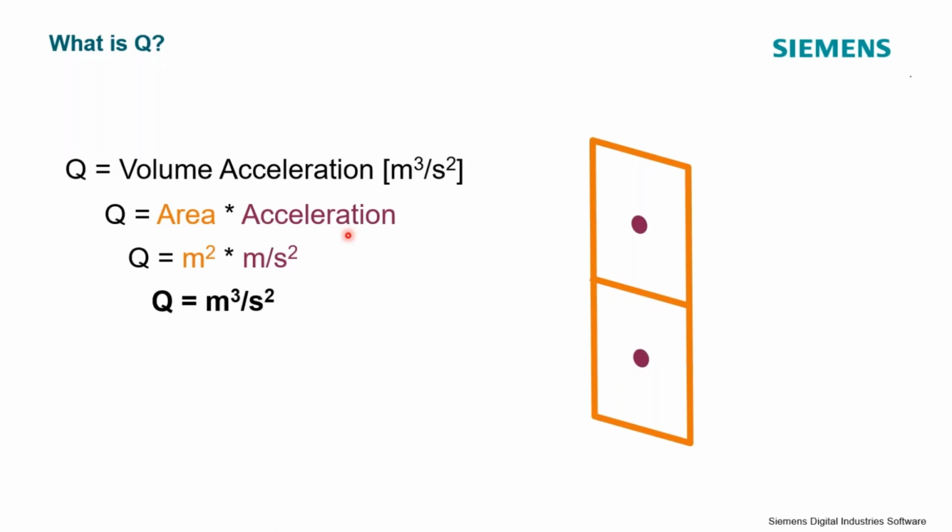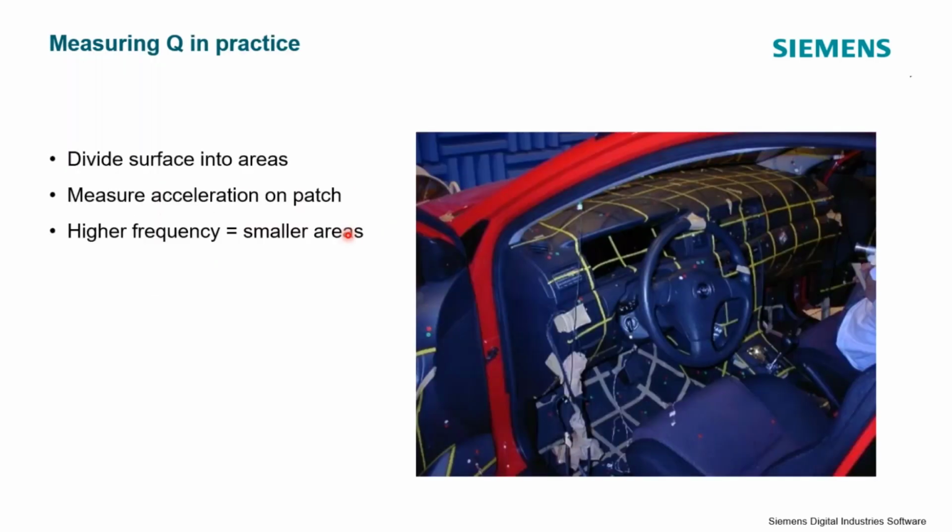So if I have a surface that is generating noise, and I want to understand where on that surface most of the noise is coming from, or I want to break it down into its different components, I can break that surface down into these smaller areas and then measure an acceleration with an accelerometer at the center of each of those patches.